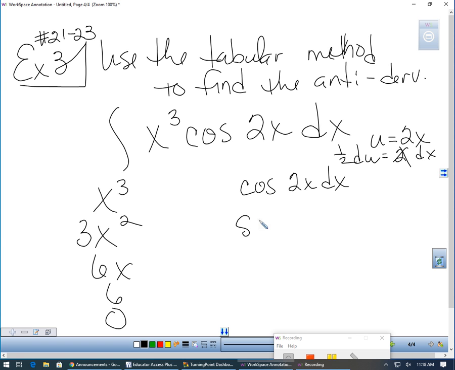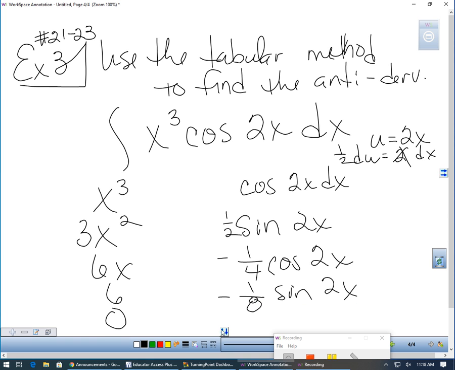Positive sine, right? 2x with a 1/2 in front. Okay, so then antiderivative of 1/2 sine 2x. Good. Negative 1/4 cosine 2x. Antiderivative of negative 1/4 is going to be negative 1/8 sine 2x.